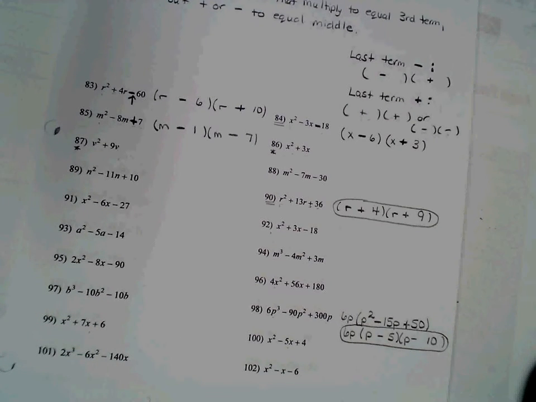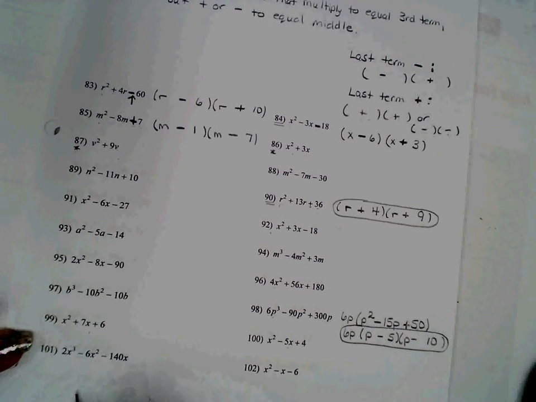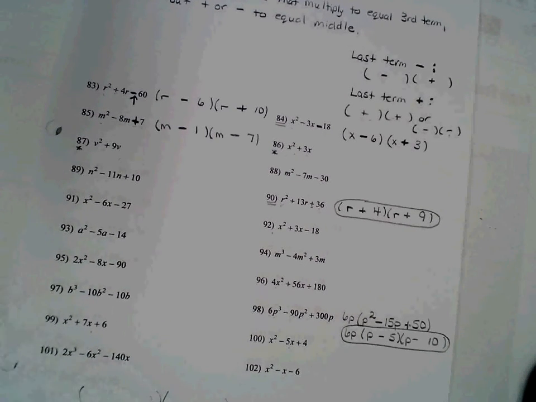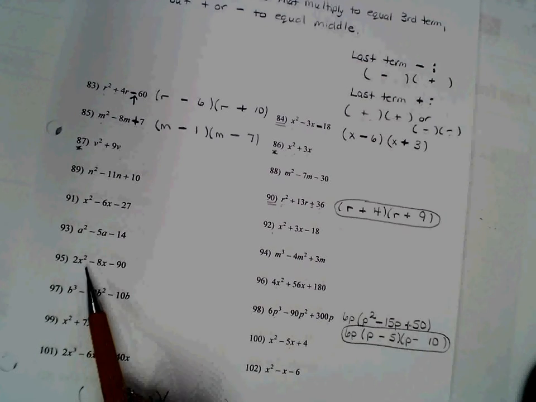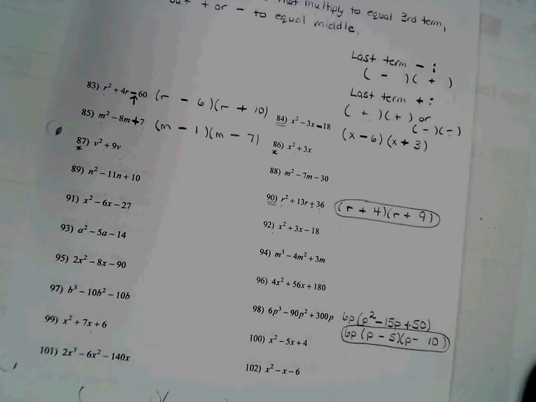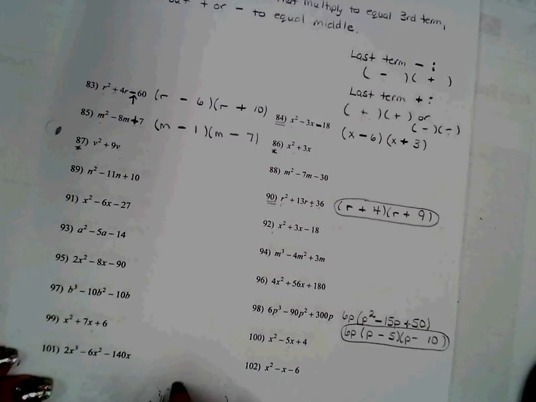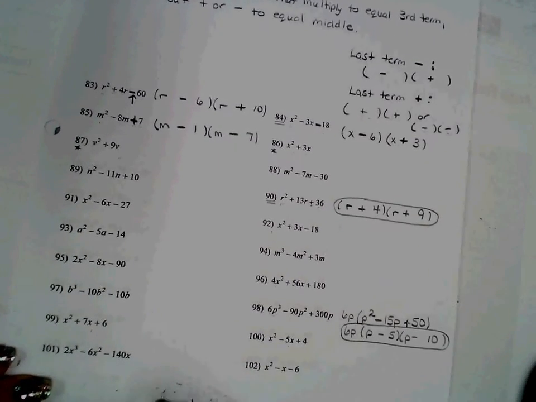Because they're all going to be factors, you're not going to have to worry about exponents. When you type your answer in, you're going to type parenthesis, the letters, parenthesis, the letters, any letters out in front. But all of these will break down so that there won't be any exponents for you to write. Okay? And I'll give you explicit directions on the LMS.